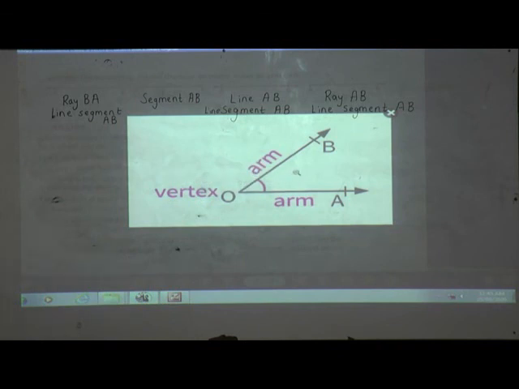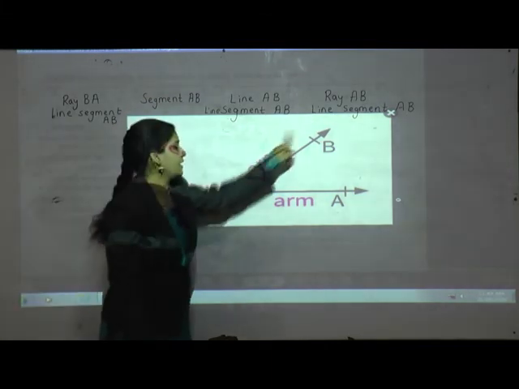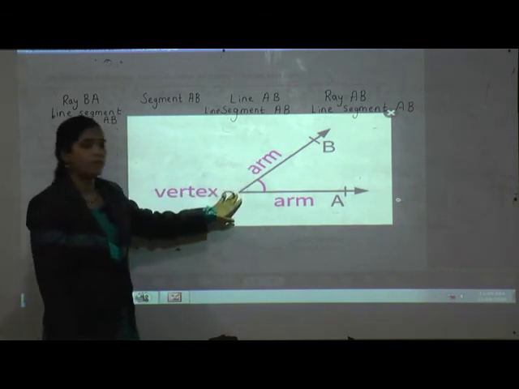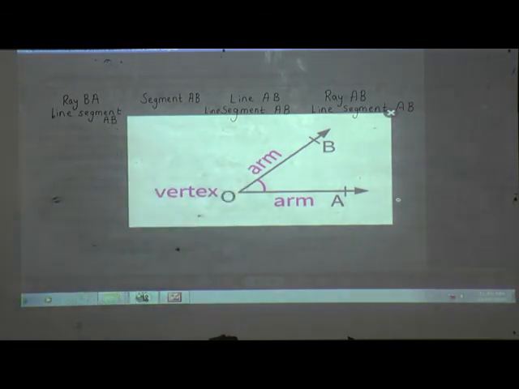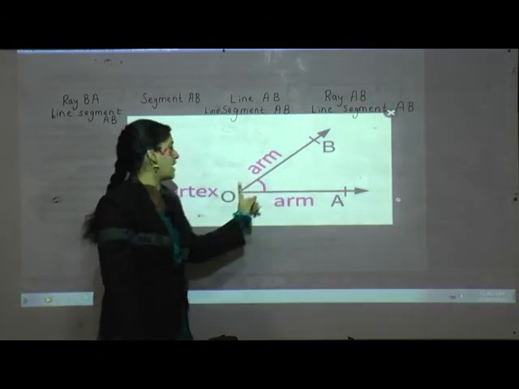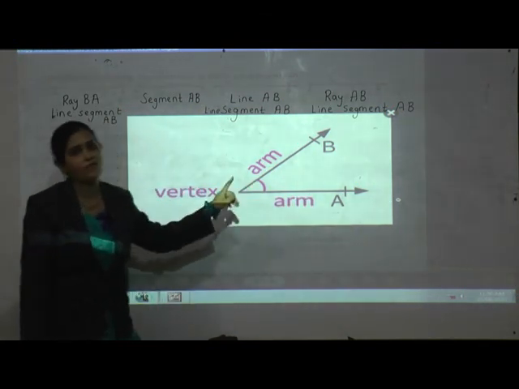When two rays meet at a point O, these are the two rays, OB and OA, they meet at a point O. That means when two rays meet at a point O, an angle is formed. When ray OB and OA meet at a point O, the angle has formed.